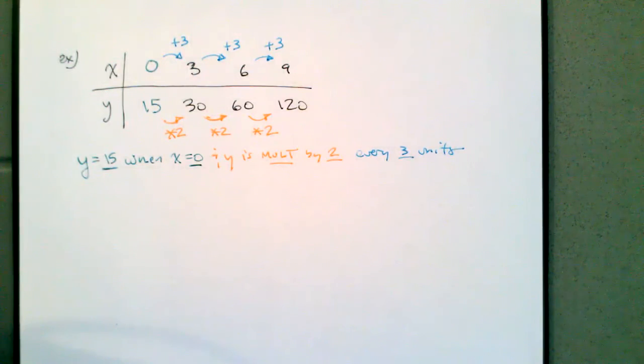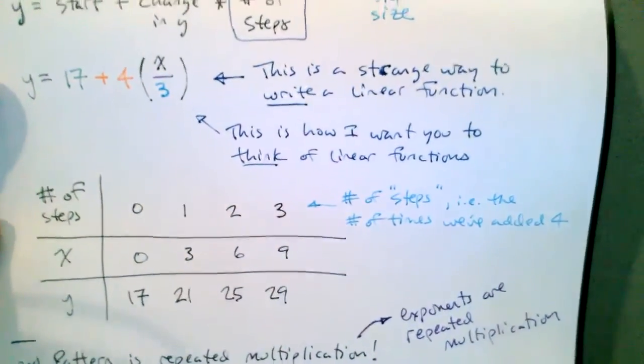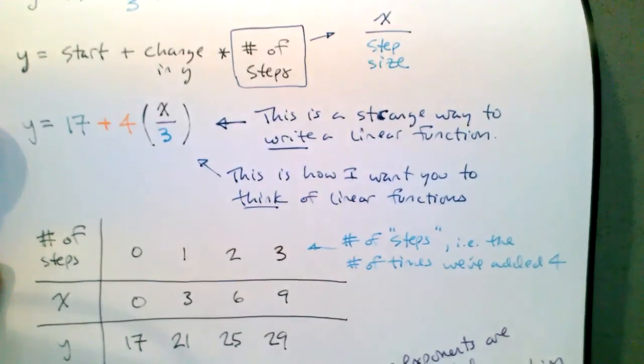We only multiply by 2 when we get to a full multiple of 3. So at 3, at 6, and 9. So we're going to adjust the step size in the same way that we do with the linear functions when we wrote them in that weird way. We're going to take the number of steps is going to be x divided by the step size.